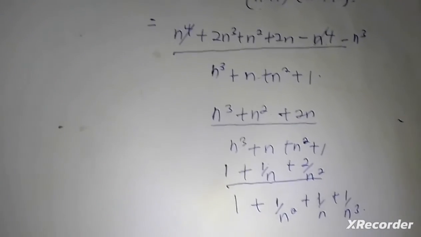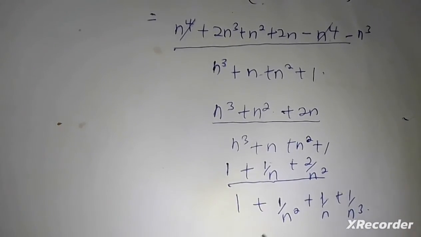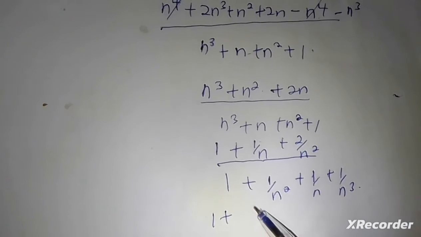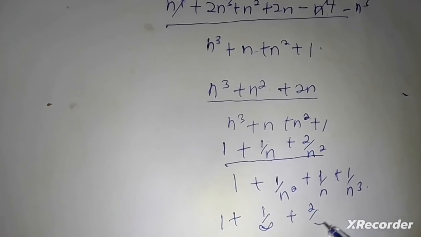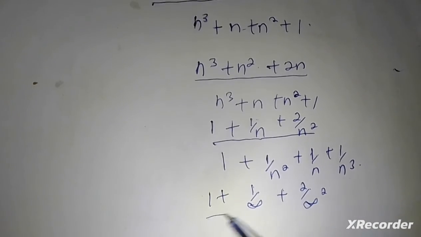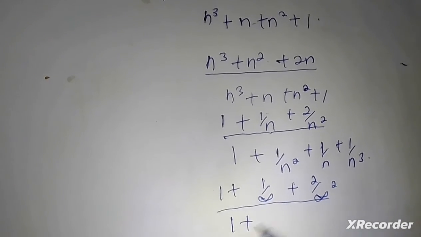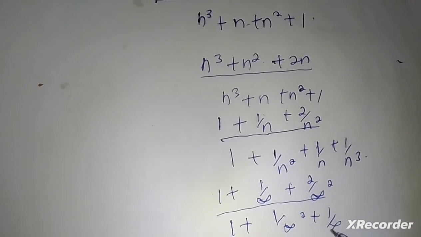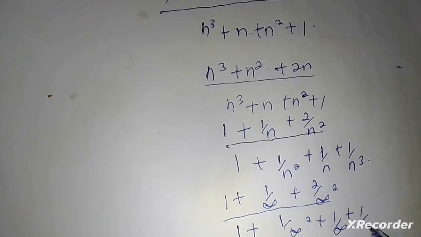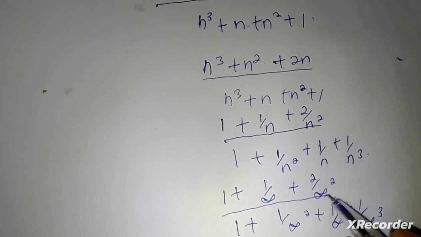Wherever you see n, you are going to put infinity there. So we are going to get 1 plus 1 over infinity plus 2 over infinity squared all over 1 plus 1 over infinity all squared plus 1 over infinity then plus 1 over infinity cubed.